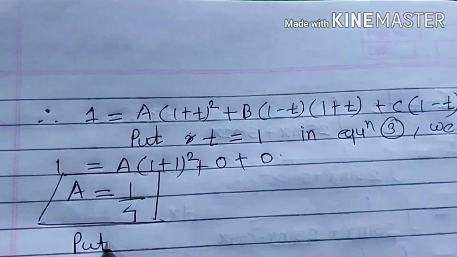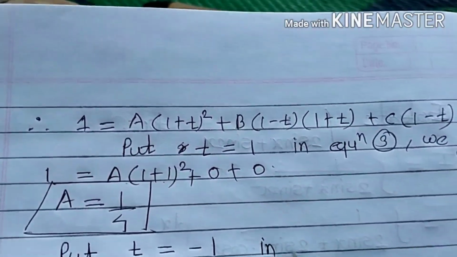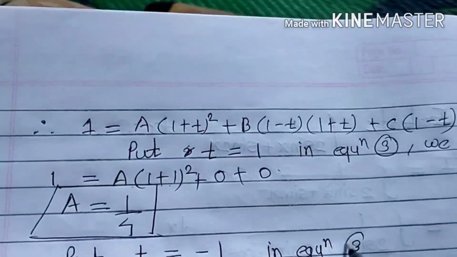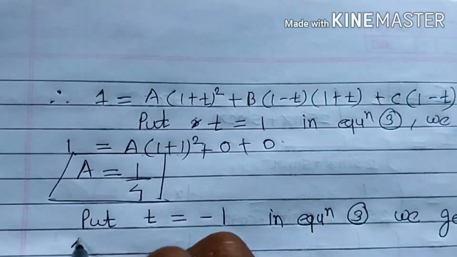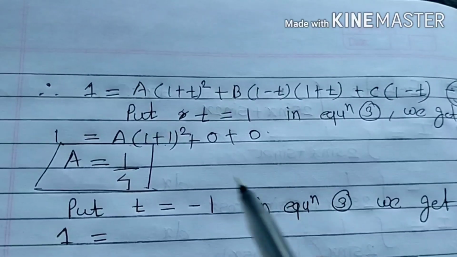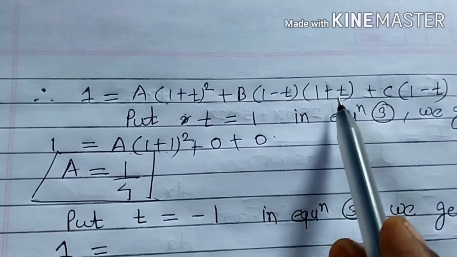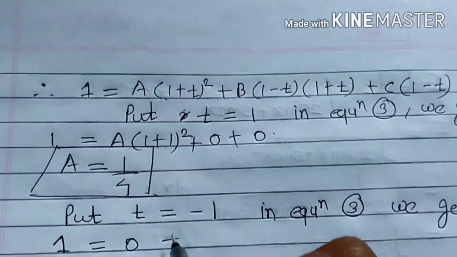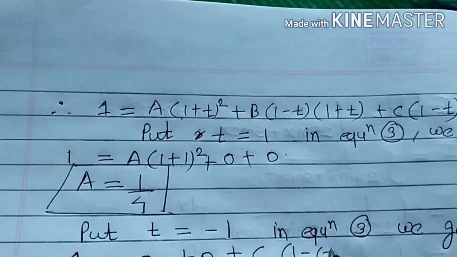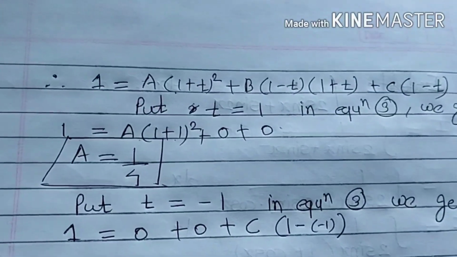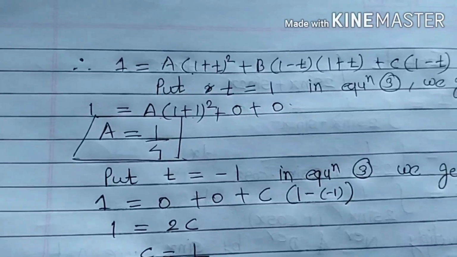Now put t is equal to minus 1 in equation 3. So 1 is equal to, if we put t equal to minus 1, minus 1 plus 1 cancels, here also minus 1 plus 1 cancels, so we get 0 plus c into (1 minus minus 1), so it will become plus 2. Therefore 1 is equal to 2c, c is equal to 1 upon 2.